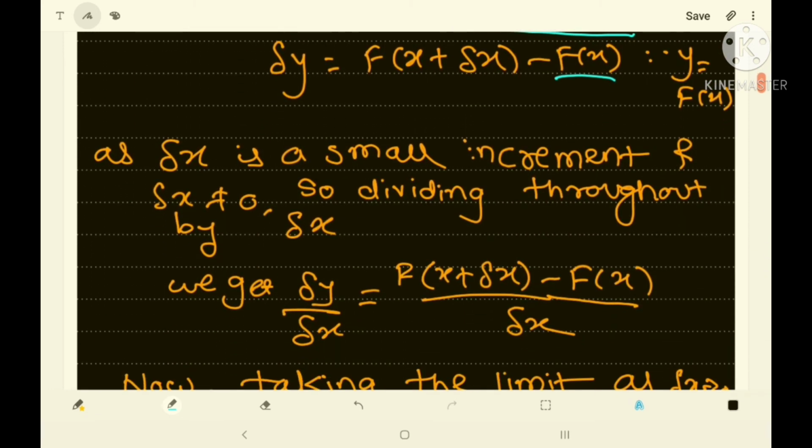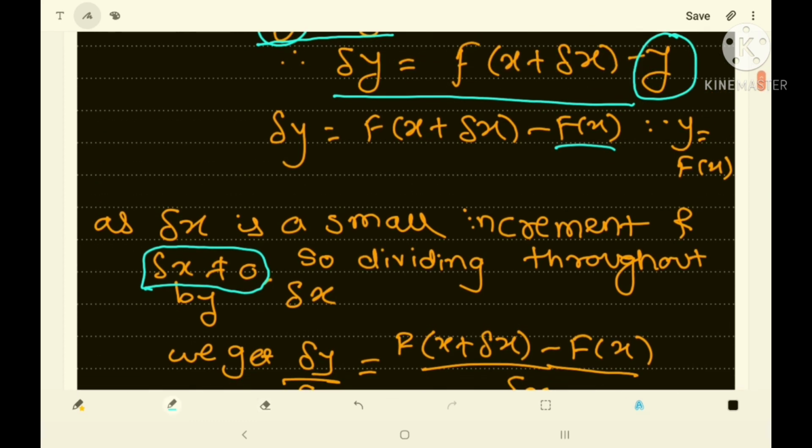Now see, delta x is a small increment which is not equal to 0, because delta x is in the denominator and the denominator should not be 0, it is the rule for rational numbers. So delta x not equal to 0, so dividing by delta x, we will get this one.